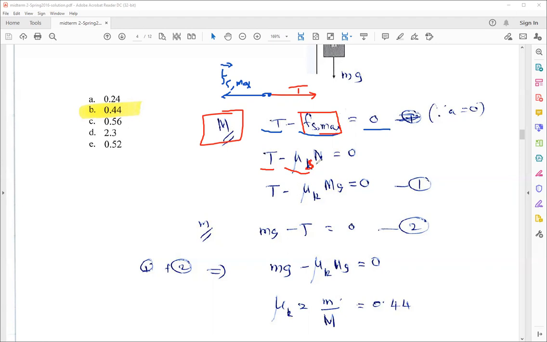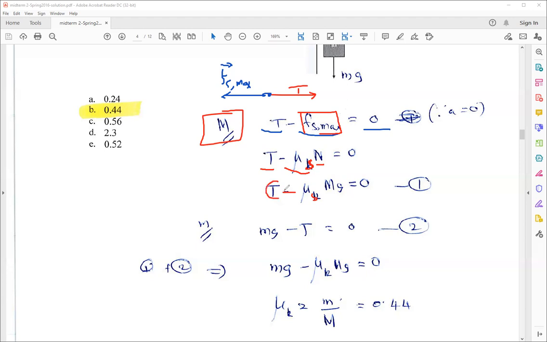So minus mu S times the normal. Here the normal is going to be Mg, so tension minus mu S Mg is equal to 0.